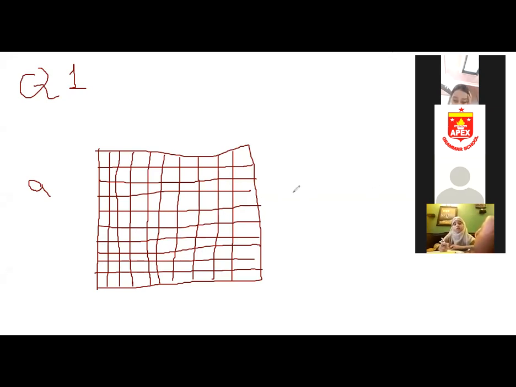So first, how I can write it into fraction, and then we need to write it into decimal. How we are going to write it in a fraction and decimal?